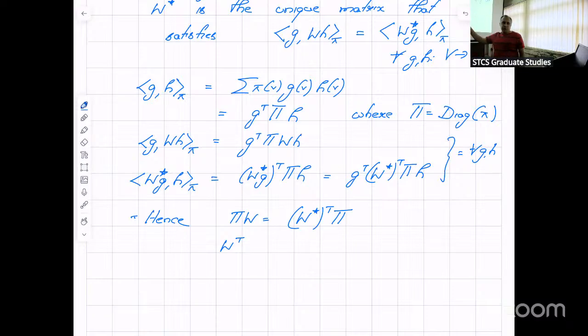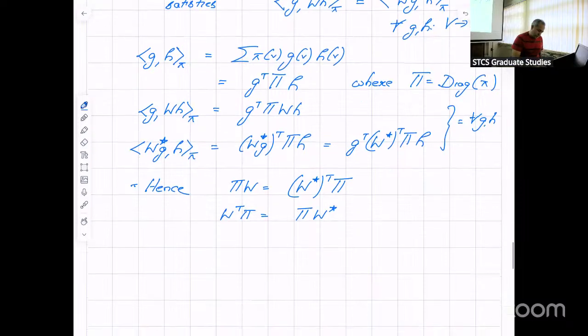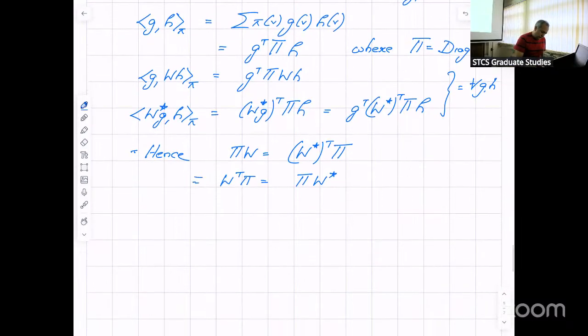So we get W transpose pi transpose, but pi transpose is pi itself, equals pi W star. That is, W star is equal to pi inverse W transpose pi. That's what W star should be. This is the matrix that does it.